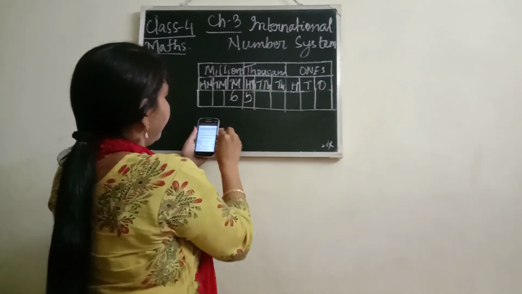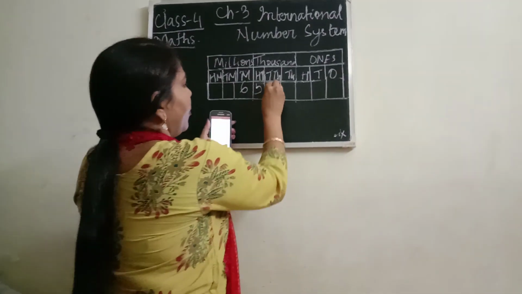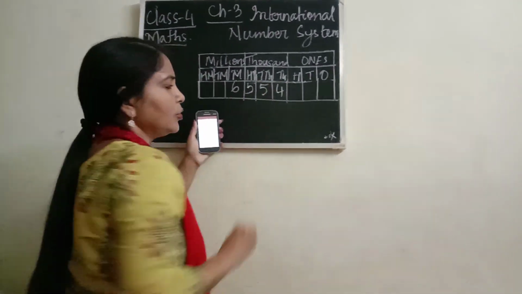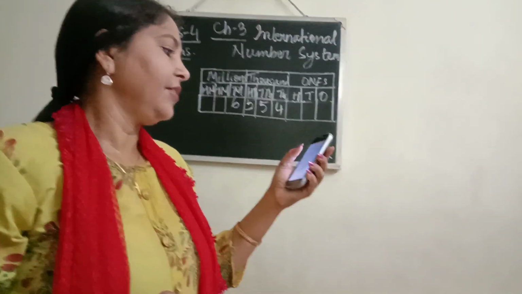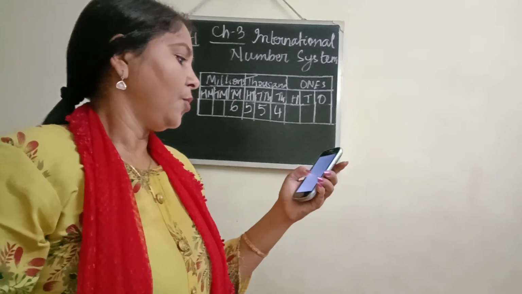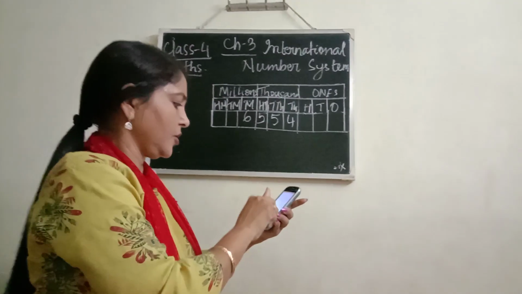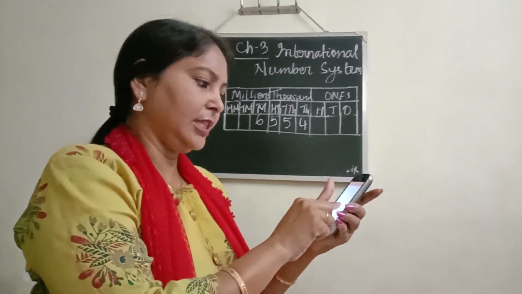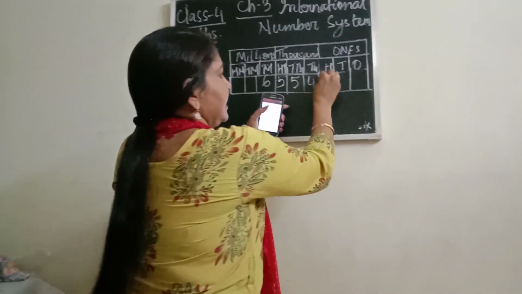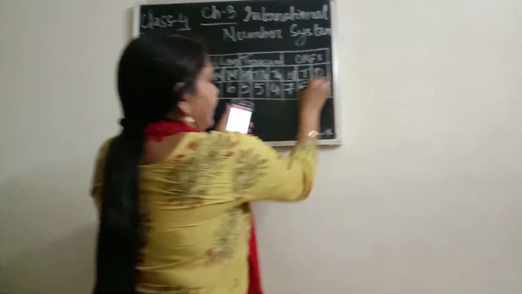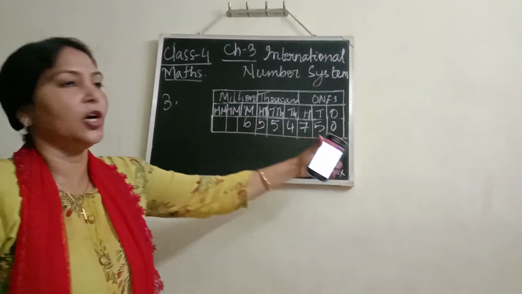Then 554,000, done. Then we have 54,000, then 750. Okay, so this is your number.